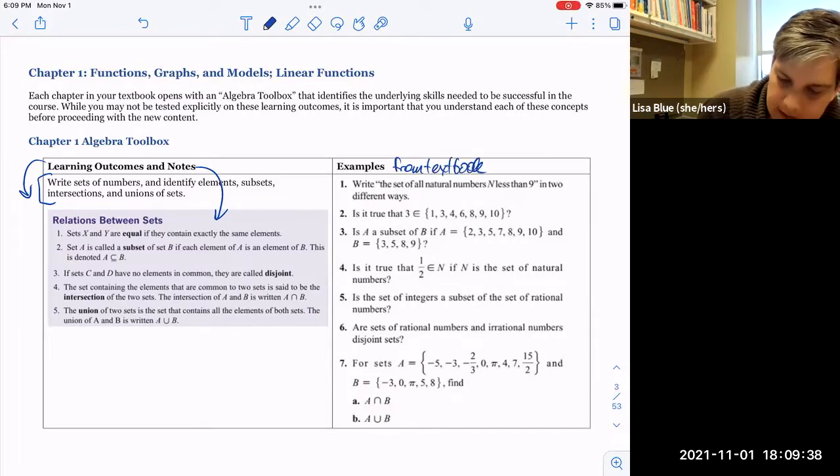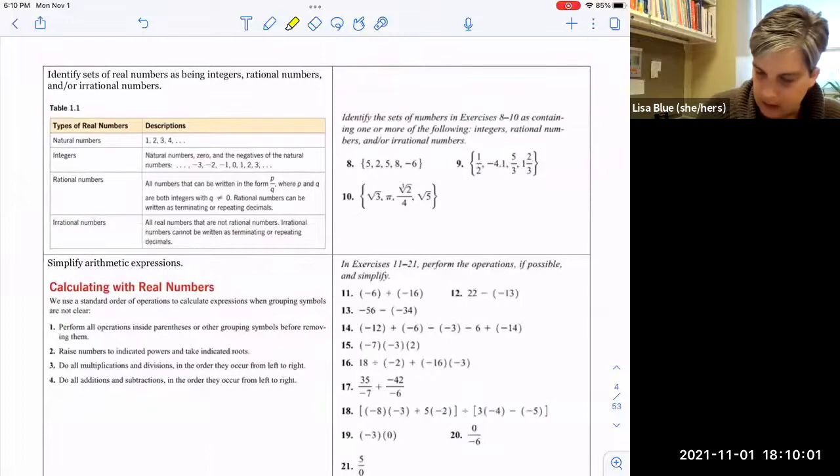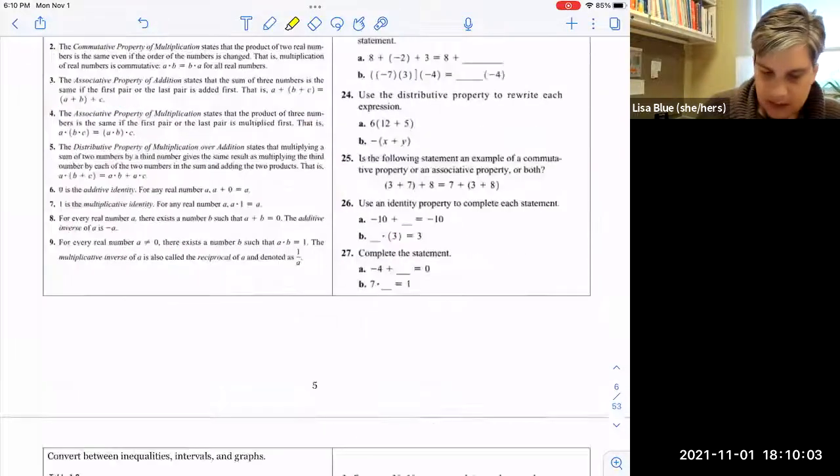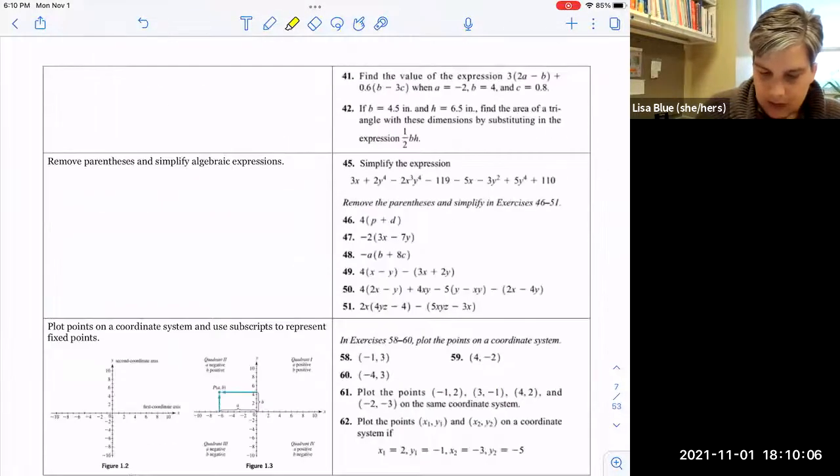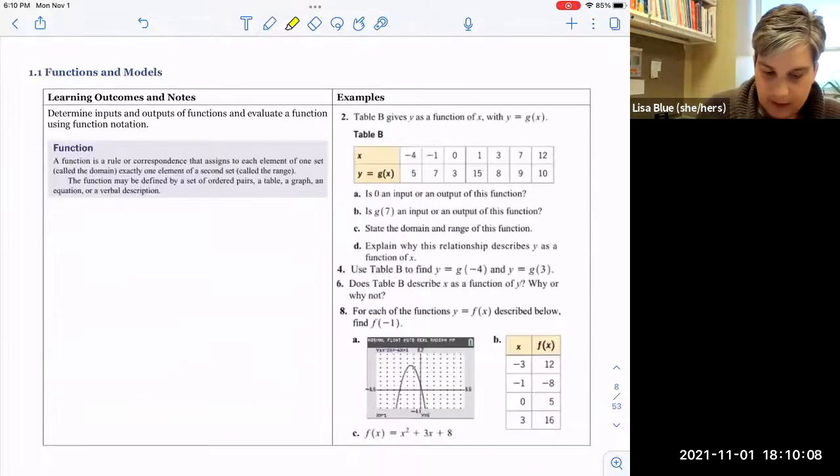That tells us that if we are looking at the odd questions, we're going to find those answers in the back of the textbook, so feel free to practice on these. I literally just pulled all these learning outcomes out of your supplementary MyMathLab materials and out of your textbook. We're not going to do the algebra toolbox because that's not what we're testing over. You can see I've got a lot of good notes in here. I hope you find them helpful.